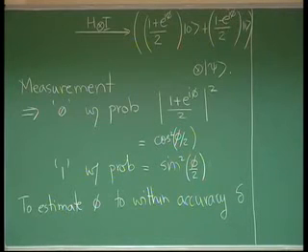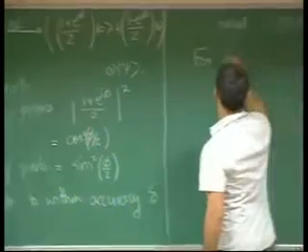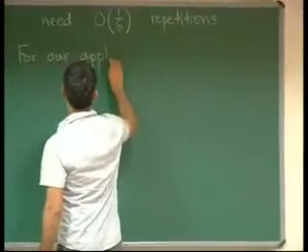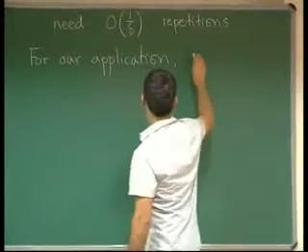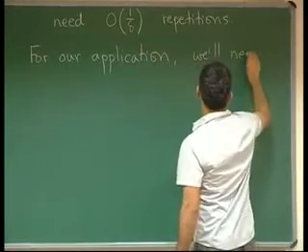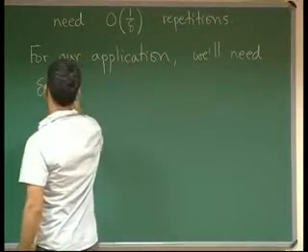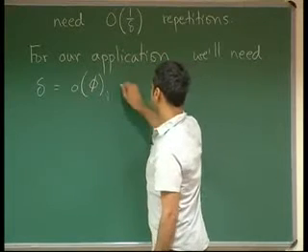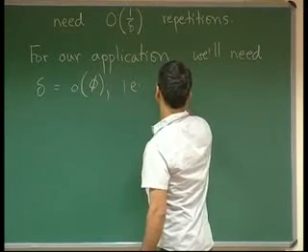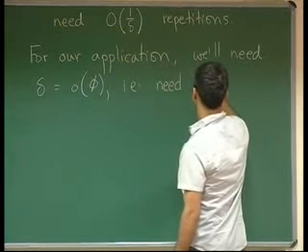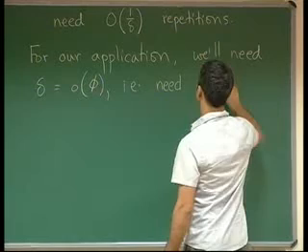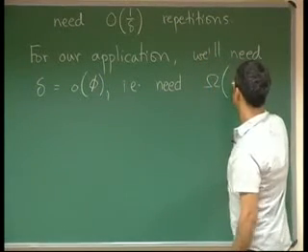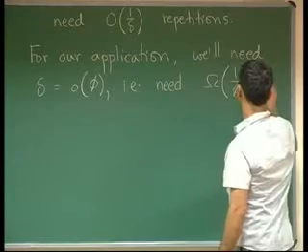And this is what we would need in our application, the application that I'm going to show you in 10 minutes. We'll need δ to be little o of φ, which means that we'll need something like omega of 1 over φ repetitions.